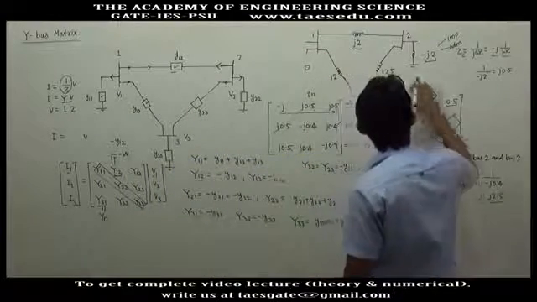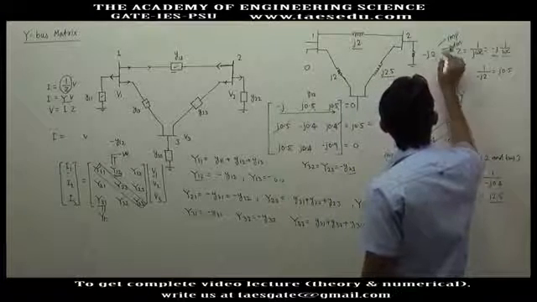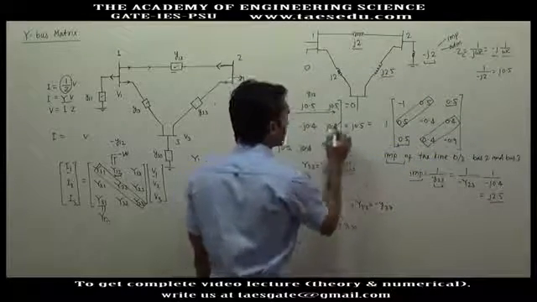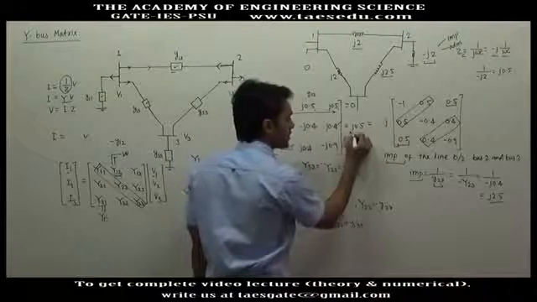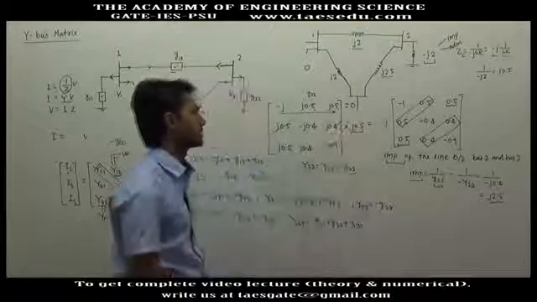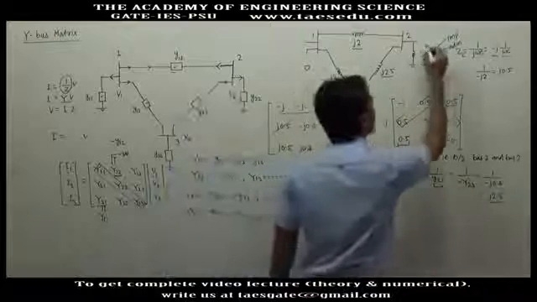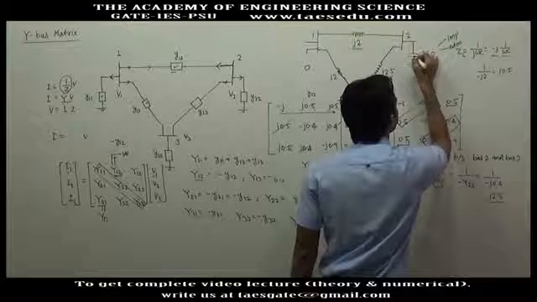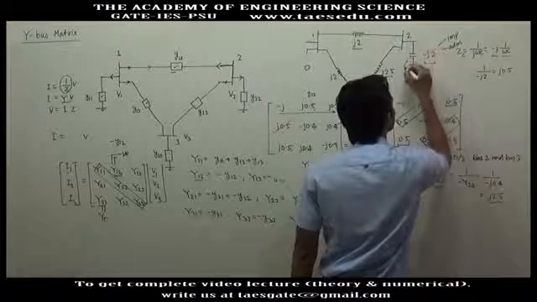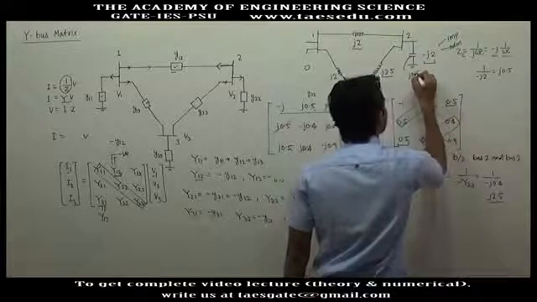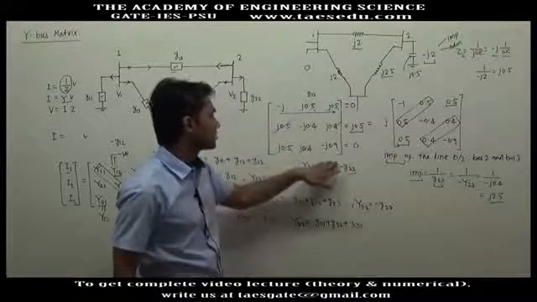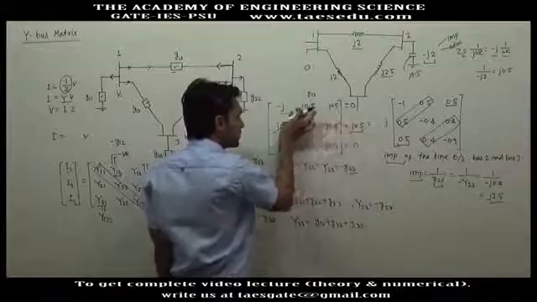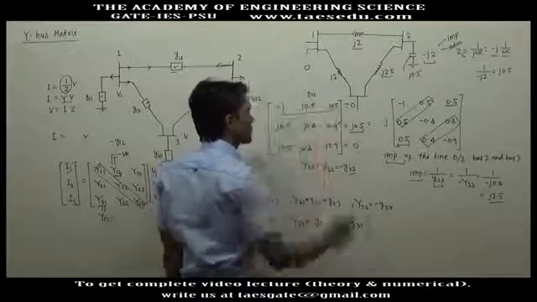The shunt element connected at bus 2 is minus j2, and here you are adding three admittances. This was originally a capacitor, and the admittance of this capacitor is j 0.5, and in the third row you get 0 because there is no shunt element connected.